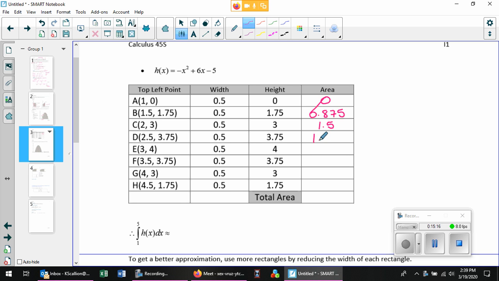And this one is 1.875, 2.875, 1.5 and 0.875. Now we would expect that it's a parabola, so the areas would also have that symmetrical pattern as well, right? So the total area is going to be, if I add those all up, 10.5. Now that's pretty tedious, right?